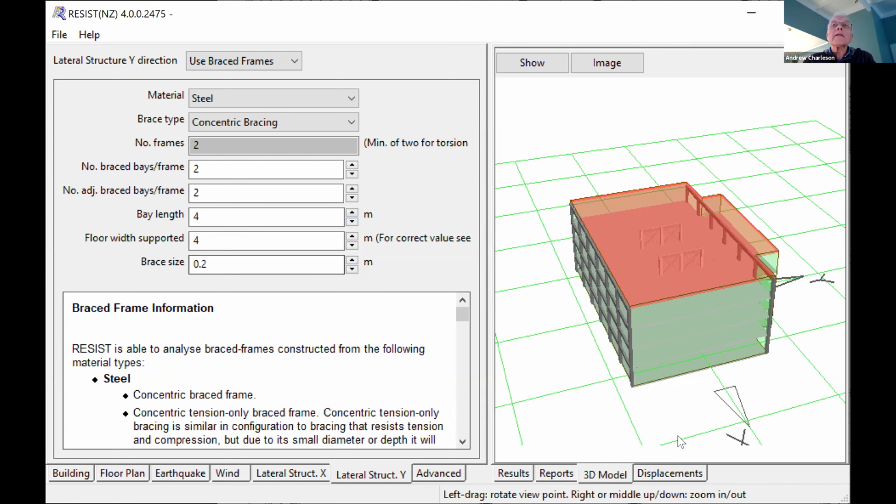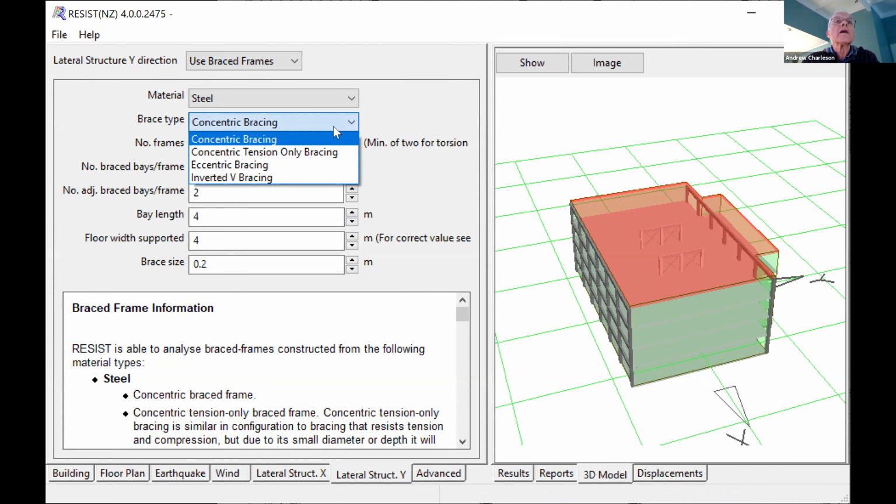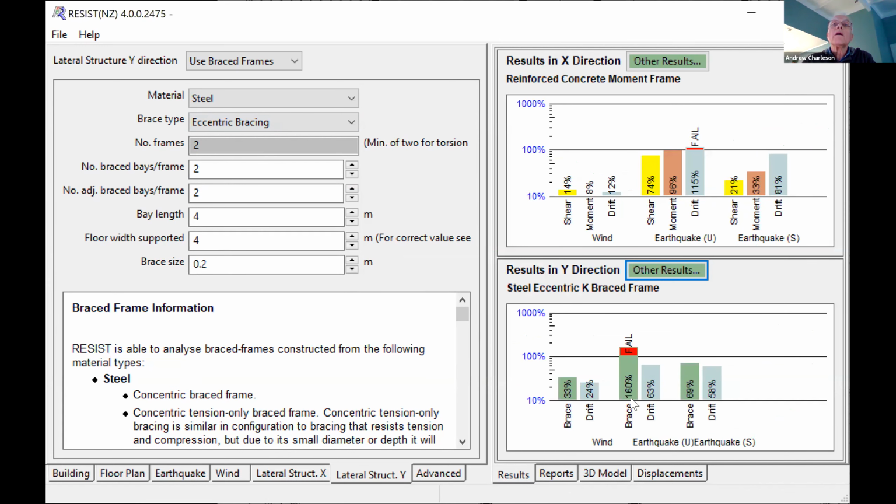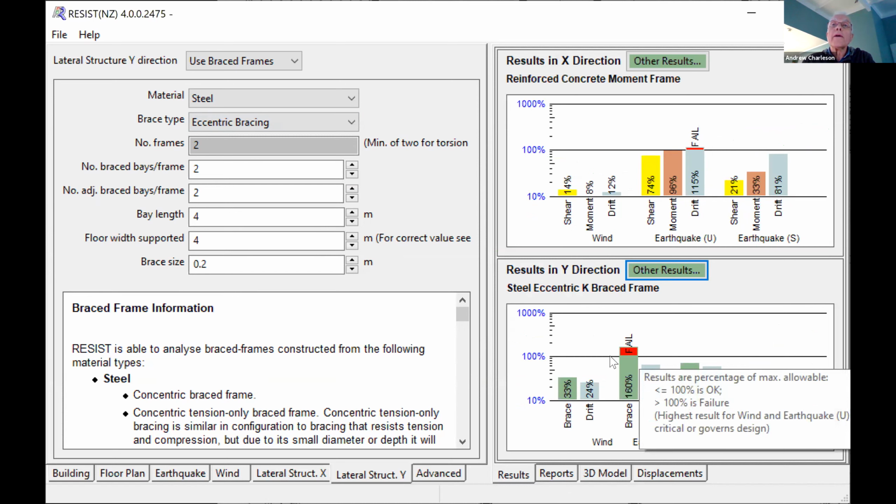The brace size, now I've got a choice of braces. I'm going to use eccentric bracing because that's the most economical. And my brace size is 20 centimeters. That's the size of the diagonal braces. Let's see what the results say. Here are the results.